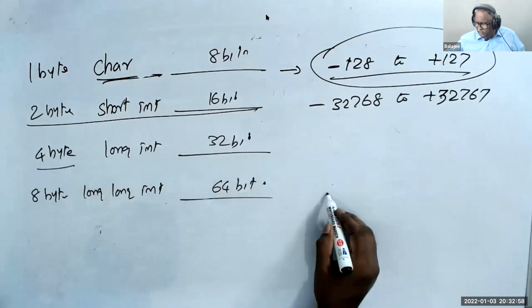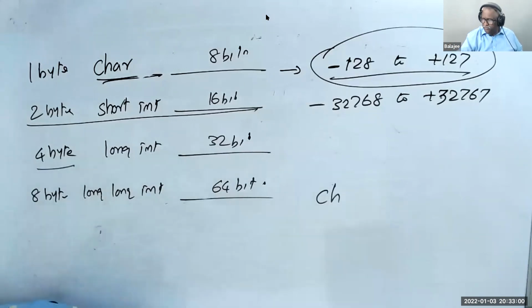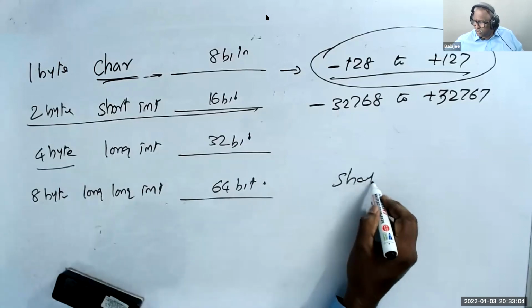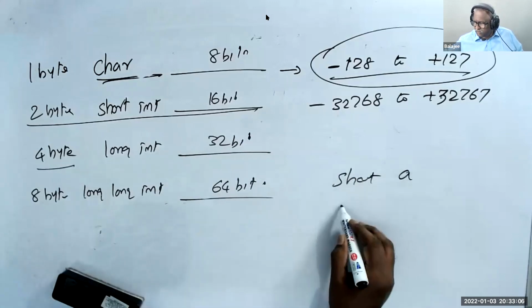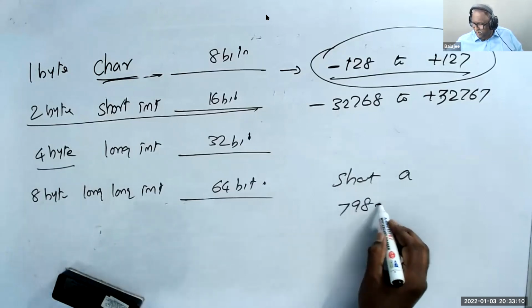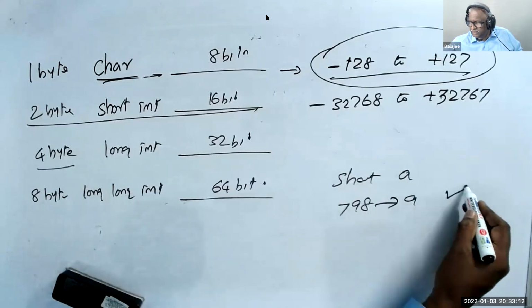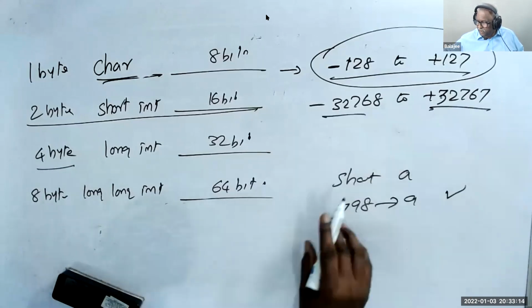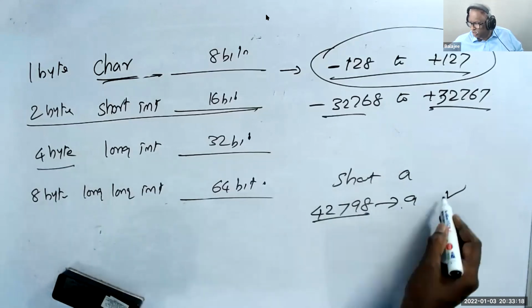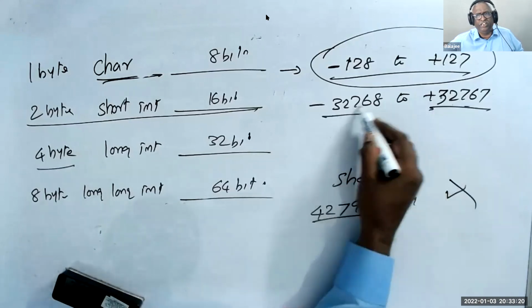Now if I say short A equals 798, this is right because it is less than this limit. But if I say short A equals 42,768, that is wrong because it is out of this range.